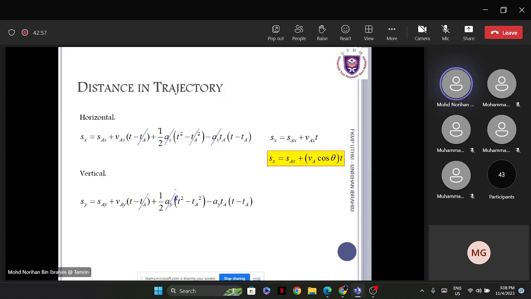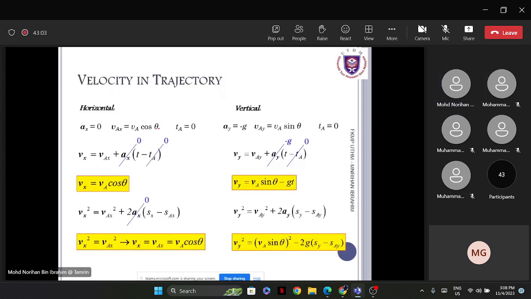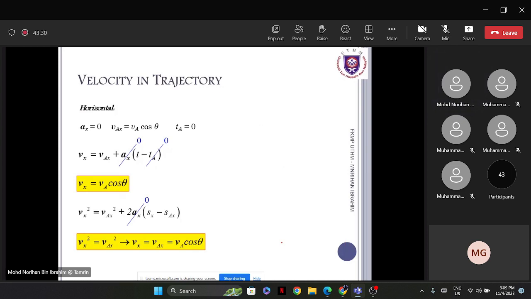Satu, dua, and the previous one is 3. This one is equal to this one, VAX, VA cos theta. 3, 4, and 5 altogether. So yang ni dia represent gambar rajah yang ada di dalam slide ni yang saya tunjukkan dalam photo tu, previous one. It's based on my illustration.